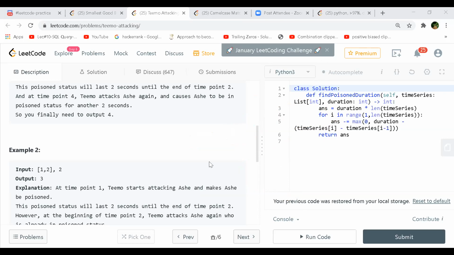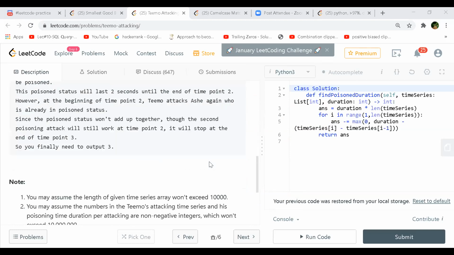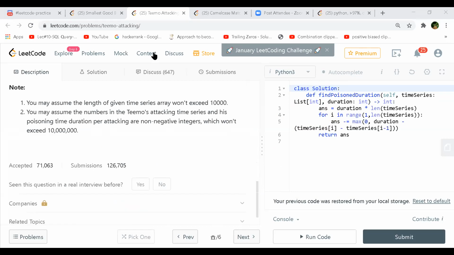And then he says you may assume the length of a given series array won't exceed 10,000. So it's a huge array, right? And the poisoning time duration per attack are non-negative integers which won't exceed 10 million.